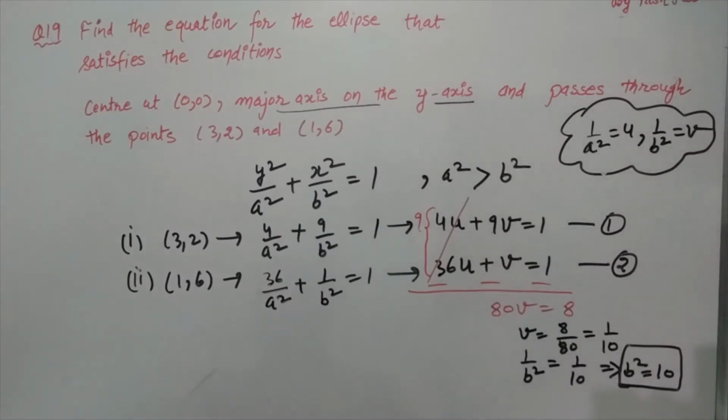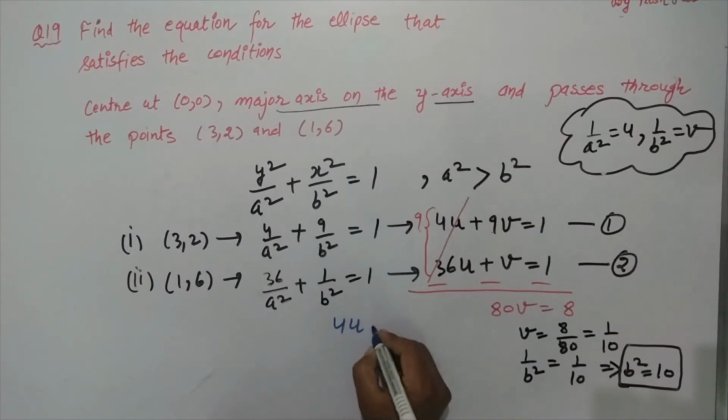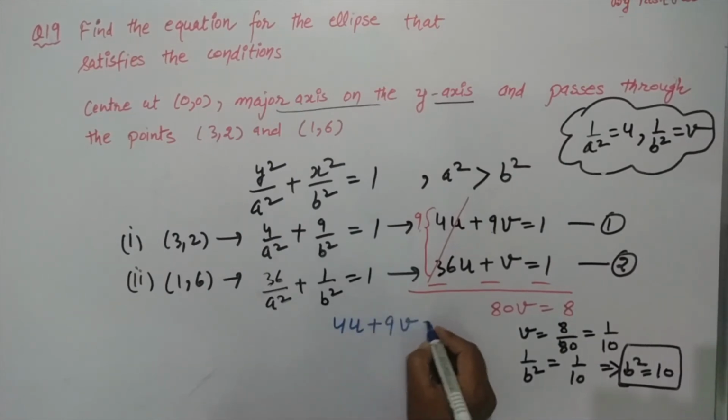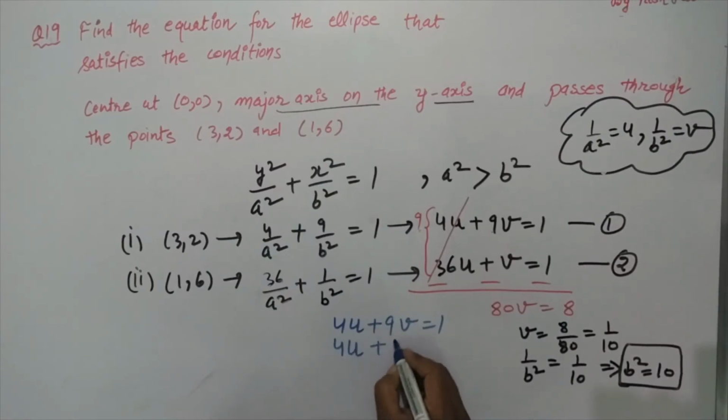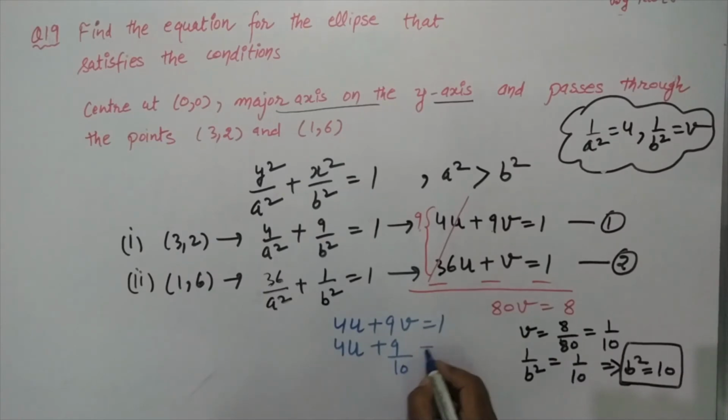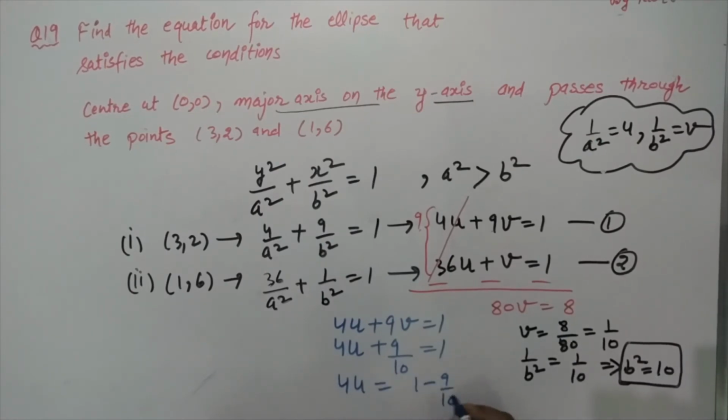Suppose we are substituting in the first equation, 4u plus 9v is equal to 1. So 4u plus 9 into 1 upon 10 is equal to 1. So this gives 4u is equal to 1 minus 9 upon 10, 10 minus 9, 1 upon 10.